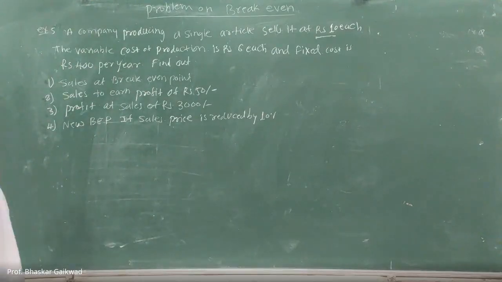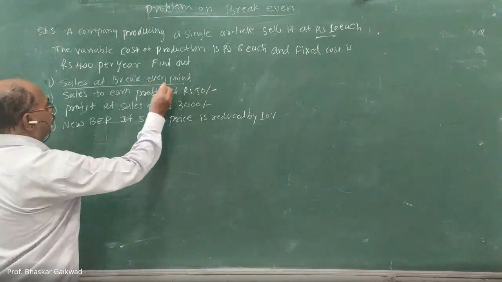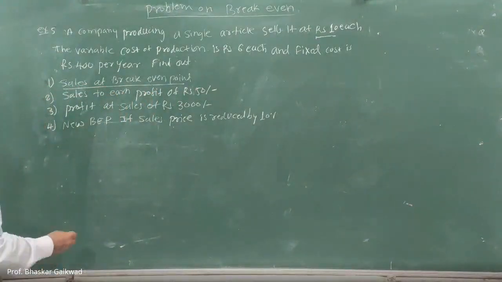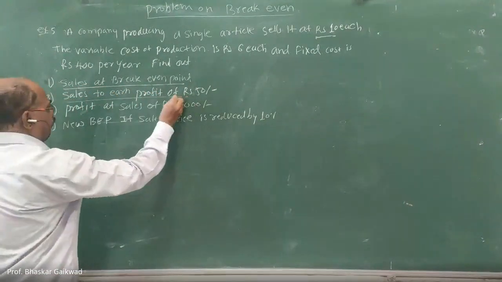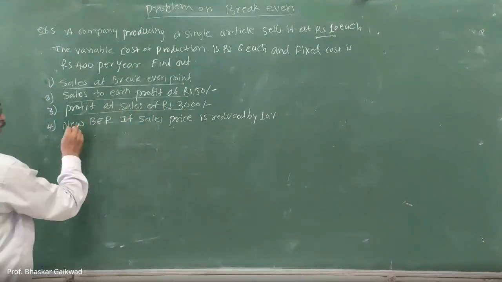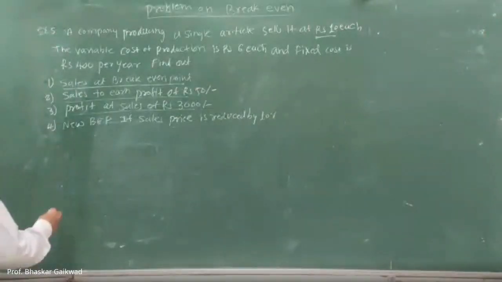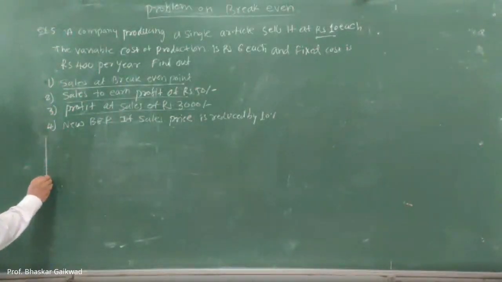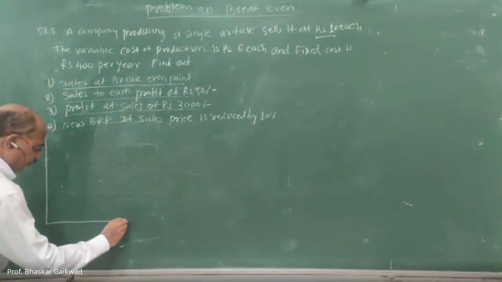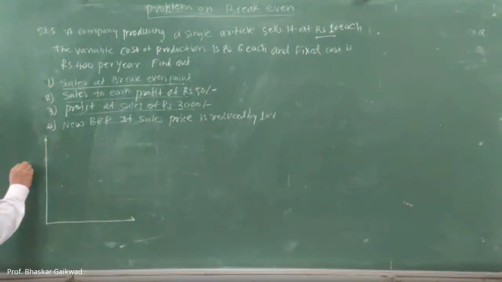So before that, everything is given here: sales at break-even point, sales profit, profit at sales, and the new break-even point. You know that I have given one diagram to you previously. This is the cost or sales revenue axis.